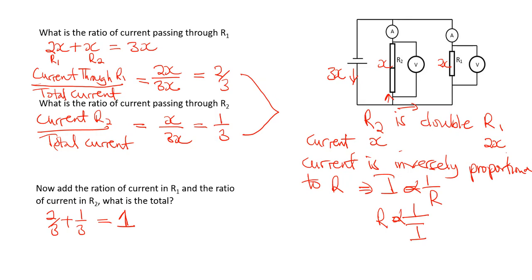If we start with current and the current is going through 2 loops, one loop has double the resistance of the other loop, you need to know that 2/3 of the current goes to the small resistor and 1/3 of the current goes to the bigger resistor. And you can use these ratios to make calculations.